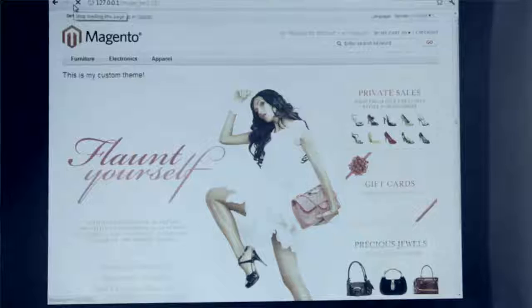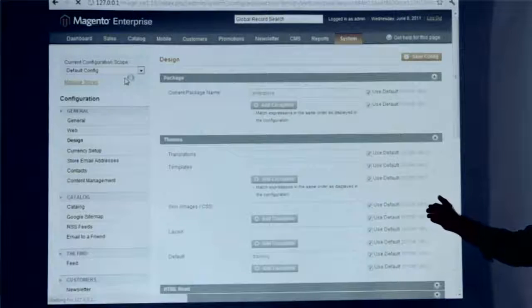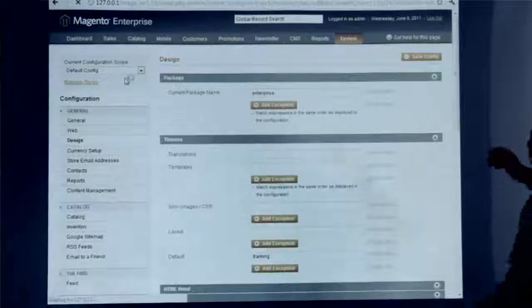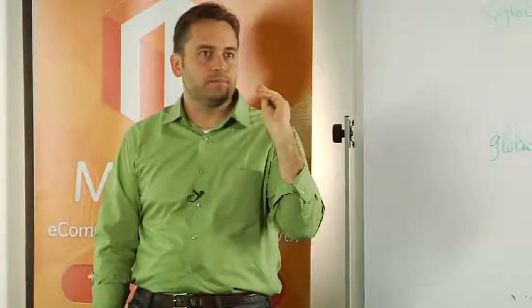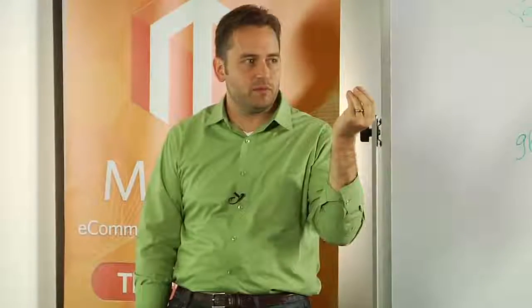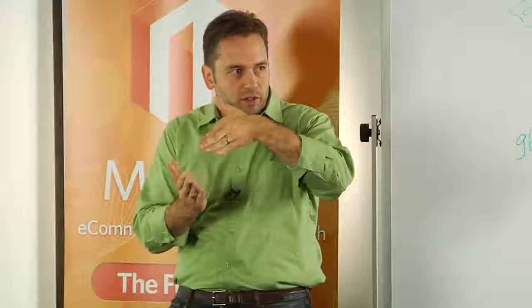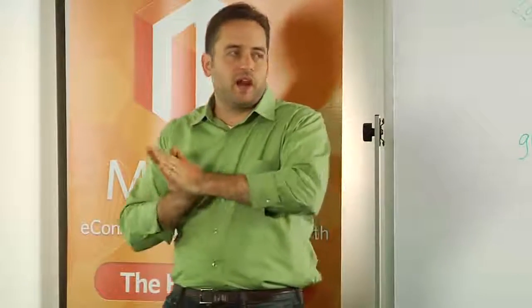Okay, does everyone else have this happening? I'm actually going to change my scope back. There's no warning, by the way, when you're doing your configuration. If you have some value set at a store view or store level, that's the primary value that would be used. So that's the main value. The more granular, focused in the scope, the higher the priority.